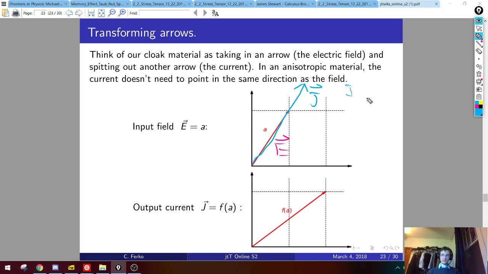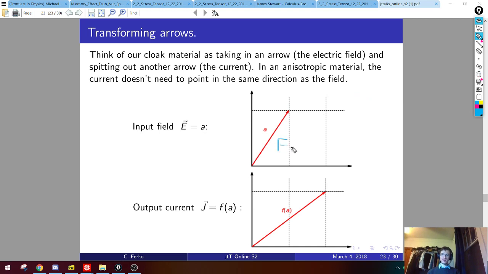So here's the isotropic case that I'm drawing in blue here. You apply an electric field, the positive charges always move in the same direction. You could imagine a somewhat more involved scenario where you apply some electric field and the current now points in a different direction. So that's what I've drawn here.